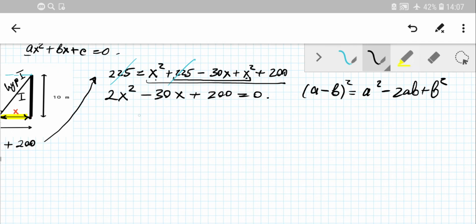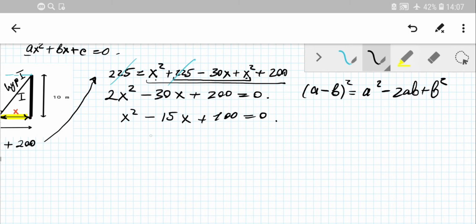I'm just going to divide by 2. Let's see what I have: x squared minus 15x plus 100. That's what I've got. What I see right now is that this equation doesn't have any solutions.